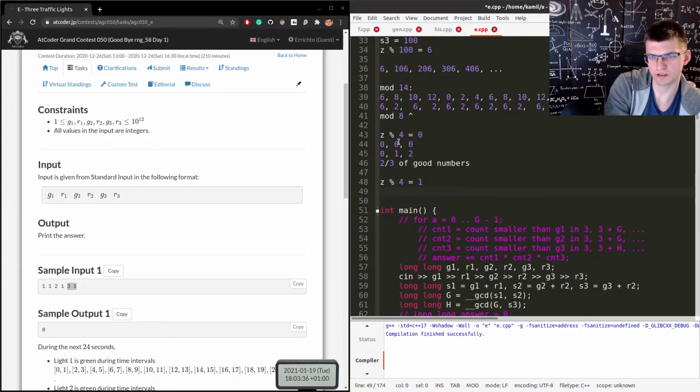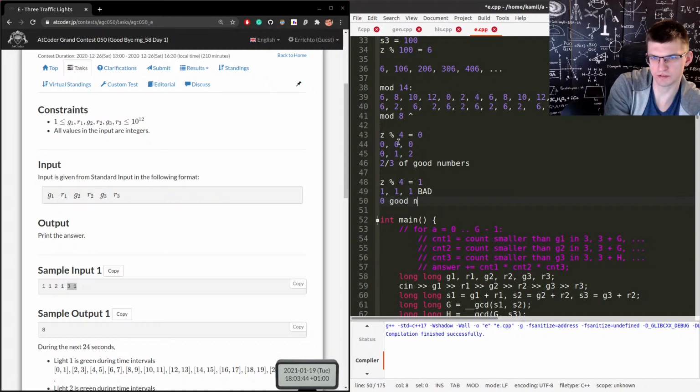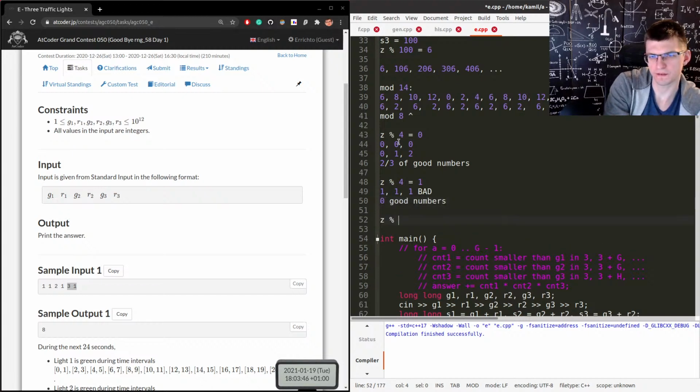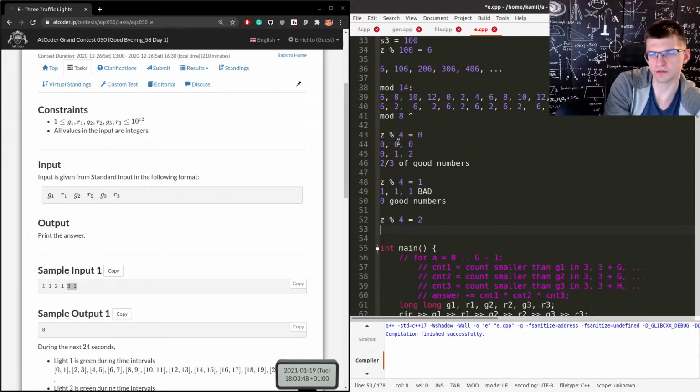Then if this is 1, then we have 1, 1, 1. That's bad. 0 good numbers. If it's 2, then it's just like this case.